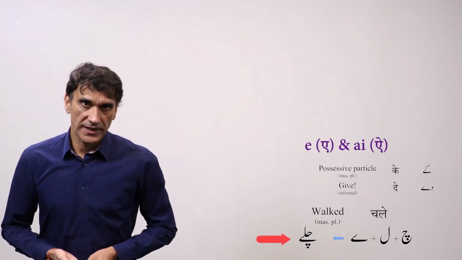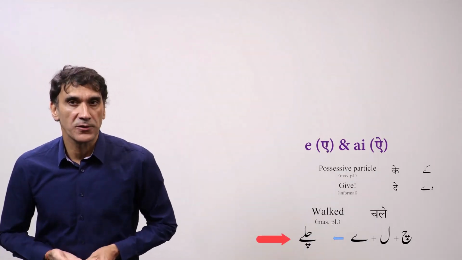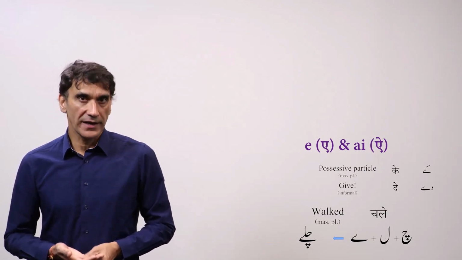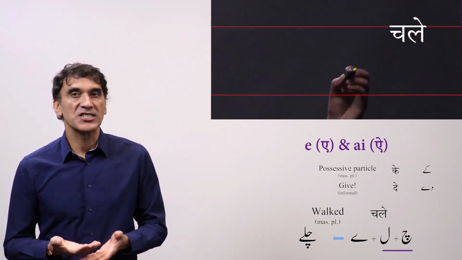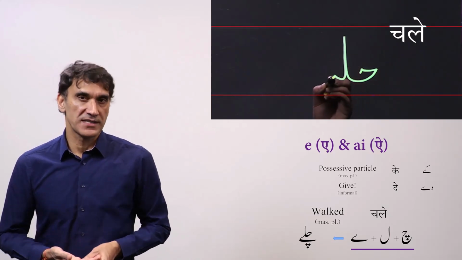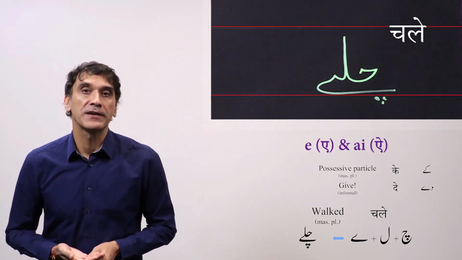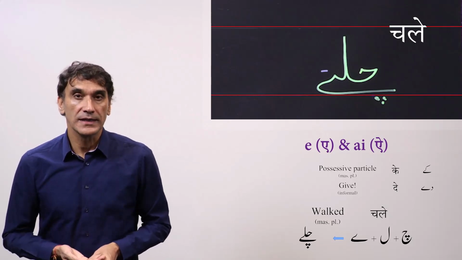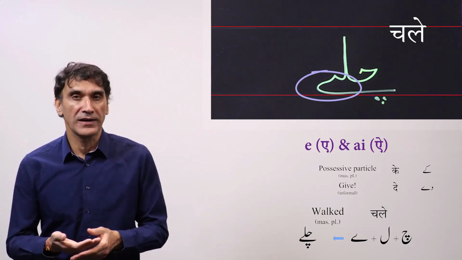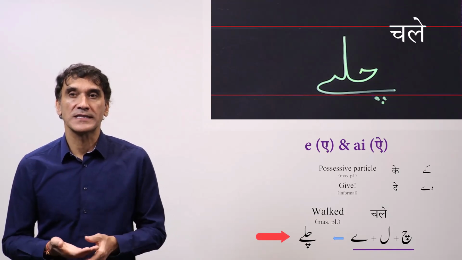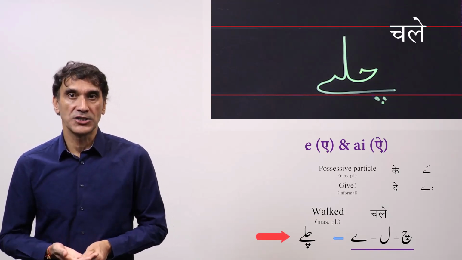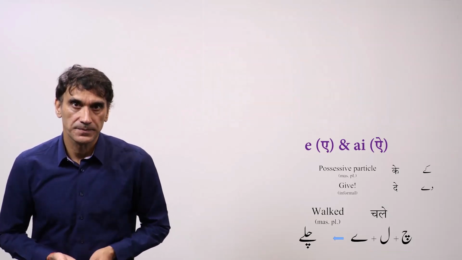The next word is chale, the masculine plural past tense form of the verb chalna. Chale, walked. The spelling is che plus lam plus badi ye. So che will be written as the initial form and lam will take the medial form. The last letter badi ye will take the final form. So che plus lam plus badi ye, chale.